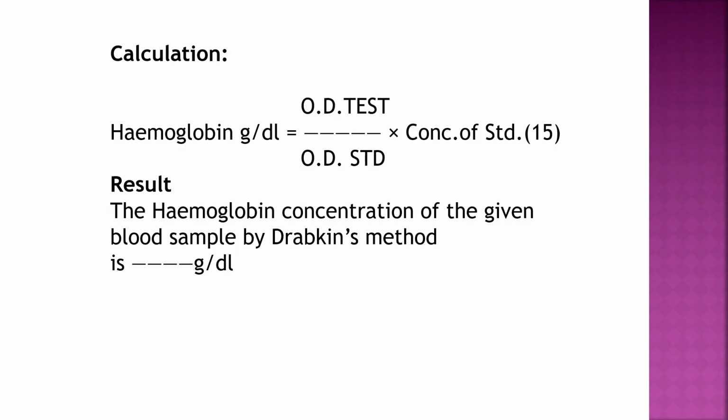The formula for unknown concentration of hemoglobin is OD of test, that is optical density of test, divided by optical density of standard, multiplied by concentration of standard, that is 15. Then we can write the result: the hemoglobin concentration of the given blood sample by Drabkin method or colorimetric method is ____ gram per dl.